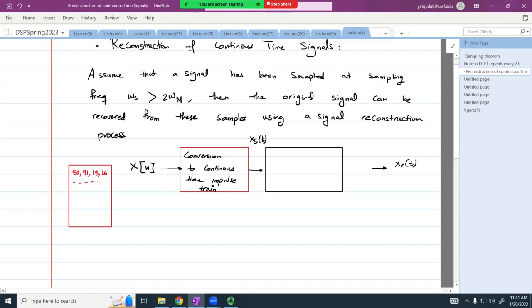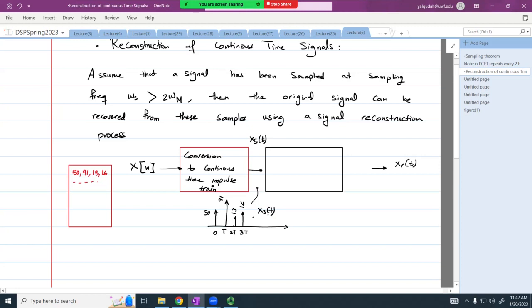What does this do? I'm going to take these samples 50, 91, and generate a signal. This signal looks something like this. This is 50. This is 91. This is 13, this is 16, and so on and so forth. And this is 0, T, 2T, 3T, and this is my xs of t.